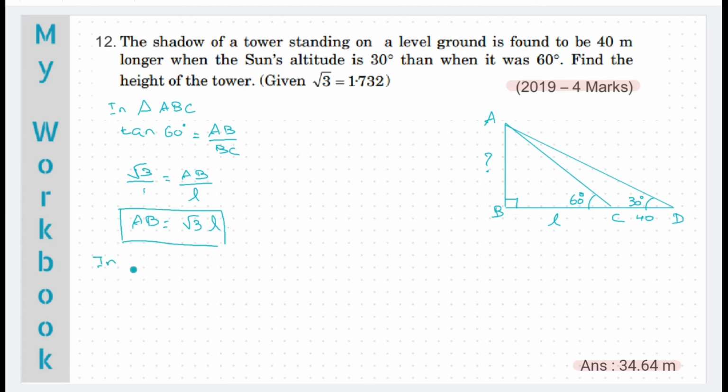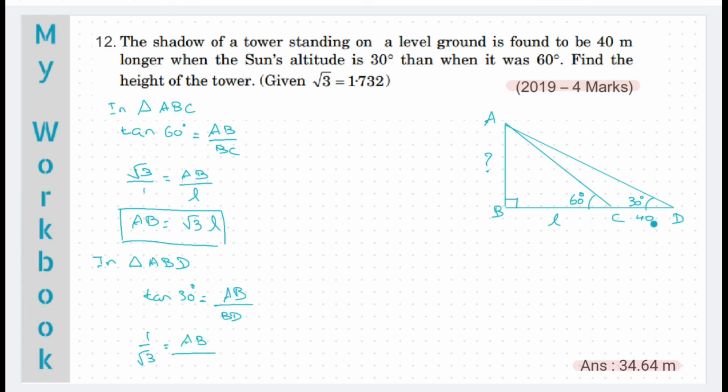In triangle ABD, tan of 30 degrees will be AB by the adjacent side BD. Tan 30 is 1 by root 3. AB is again unknown.